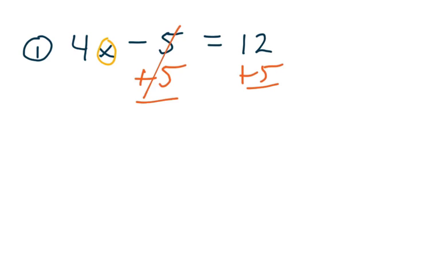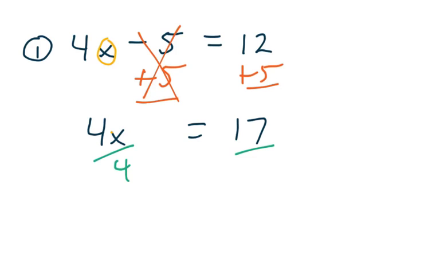Because 5 minus 5 is 0, and now that that minus 5 is gone, I have 4x equal to 17. Now, to get rid of that 4 timesing x there, all I have to do is divide by 4 both sides. Because 4 divided by 4 is 1, and I'm left with x equals 17/4, right?